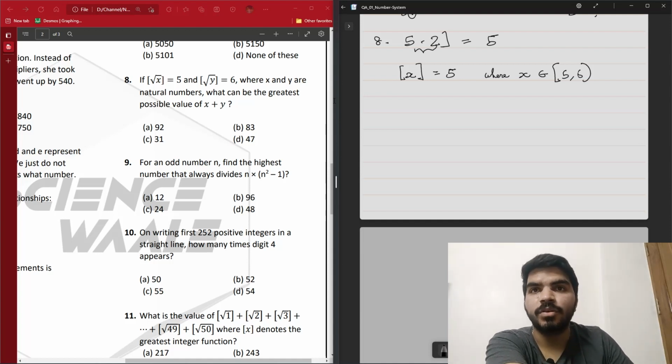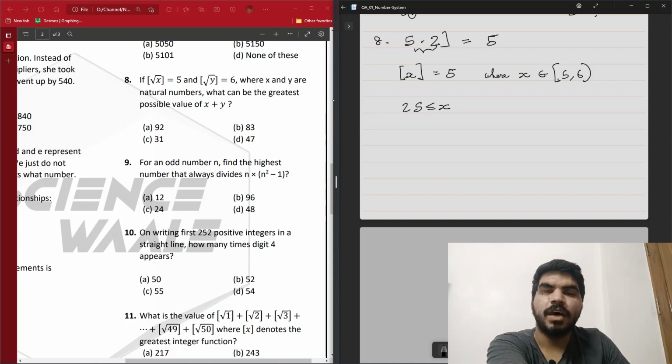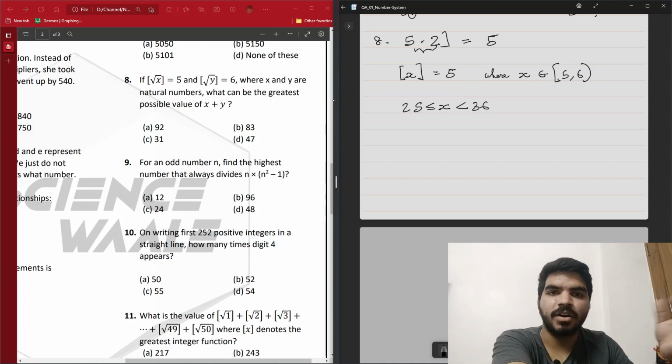Okay, coming to the question, we have a square root as well. The square root is 5, which means x should be a minimum of 25, and the upper bound should be 36, because if it reaches 36, the function will come to 6.